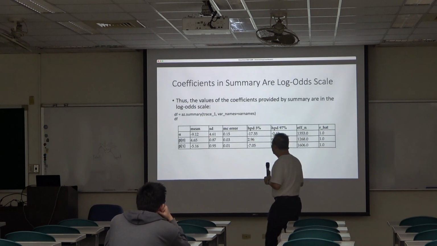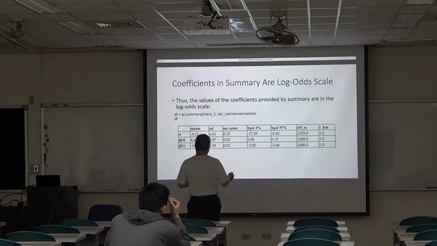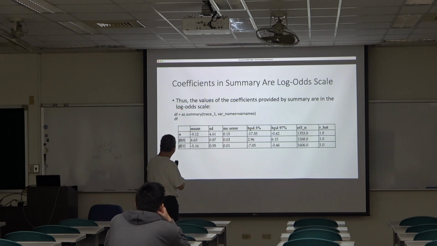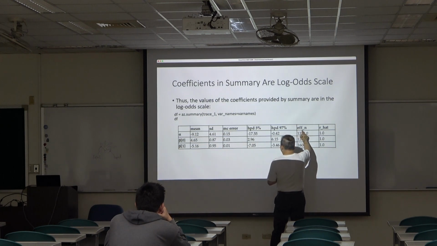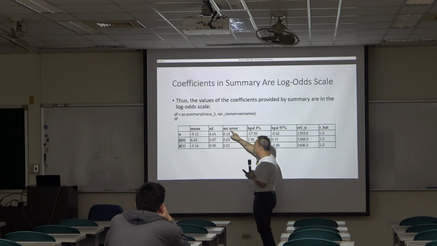And the value of the coefficient provided by the summary is on the log odds scale. By the way, if you remember, in the MCMC chapter we already covered the effective sample size and the MC error.